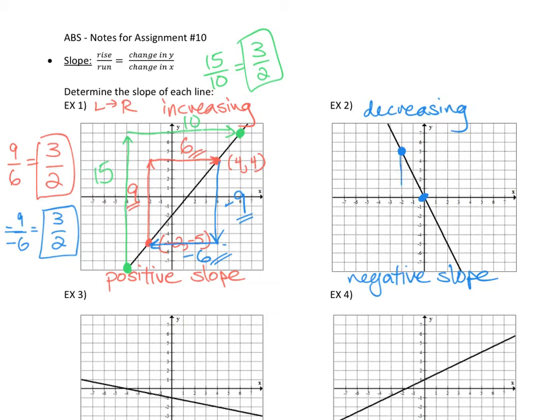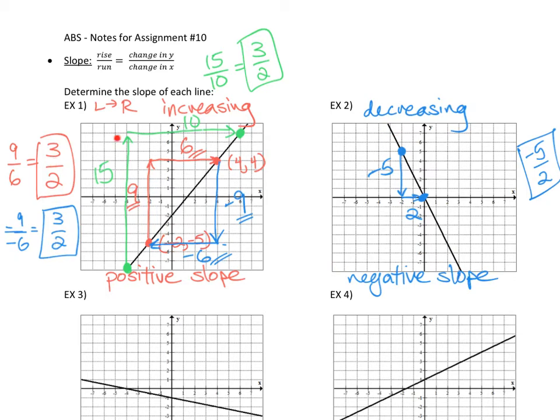So I will drop down 5, and since I'm moving down, it'll be a -5. And then I will go to the right 2. So the slope here would be -5 over 2. And that's it. That does not simplify. And it matches up with the fact that I said there would be a negative slope for this line.